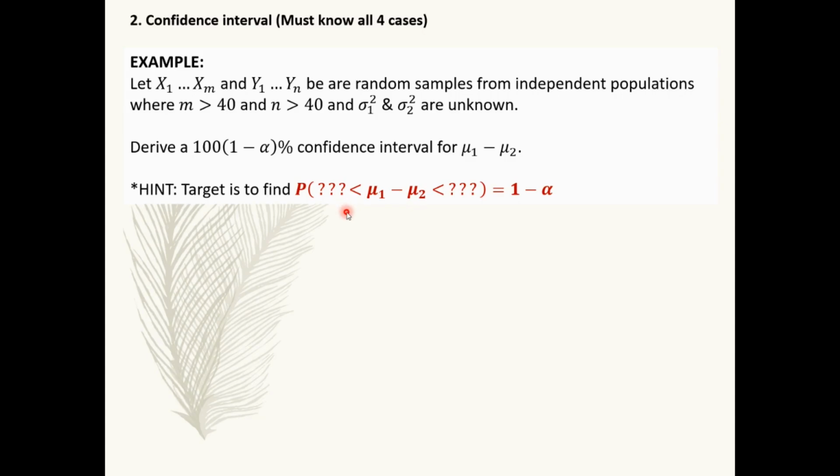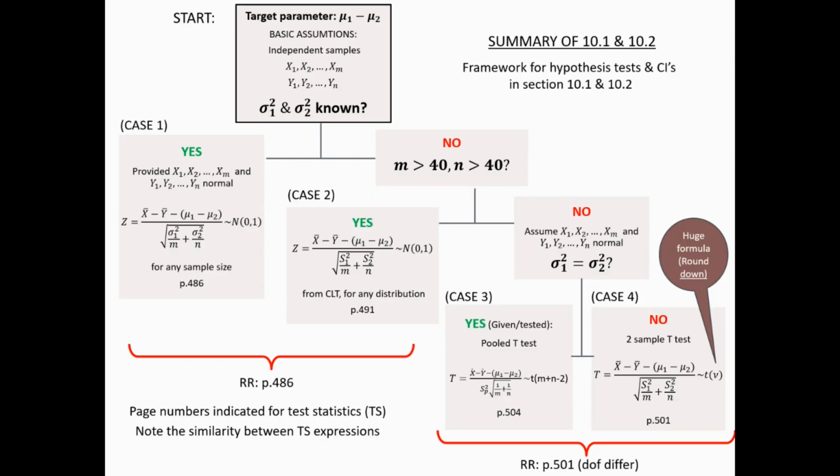Now you need a pivotal quantity in order to even start this derivation. To determine it, you can go to your summary. You won't have this in a test, but I'll show you in the next slide how you will figure out your pivotal quantity. You need to make sure you identify which scenario you have.